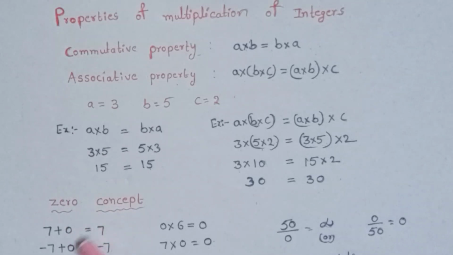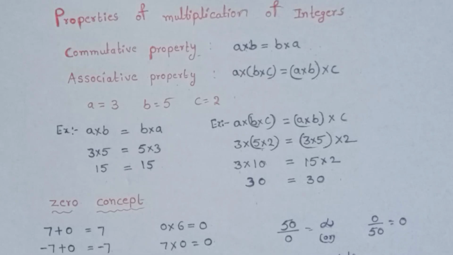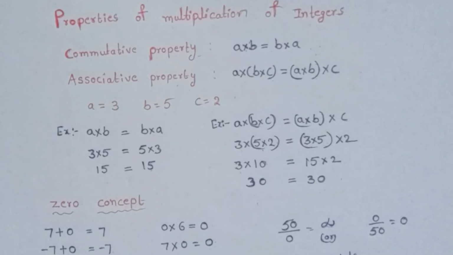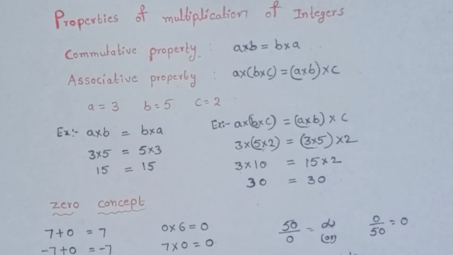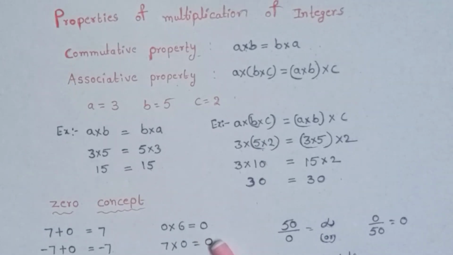Here all are 0 add, 0 add, here also 0 subtract. Subtract or addition with 0, then the answer is itself. The same number will come. Again in the case of multiplication, the 0 concept in multiplication, 0 into 6 is equal to 0. 7 into 0 is equal to 0.